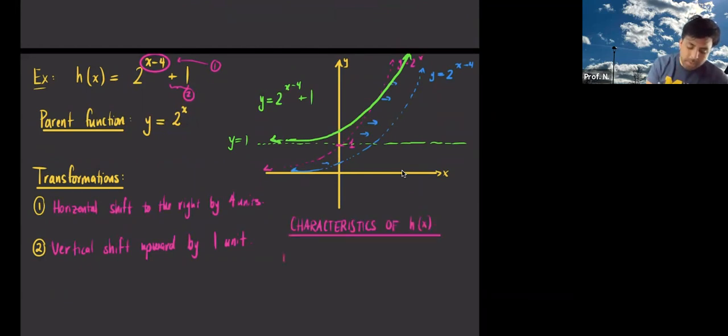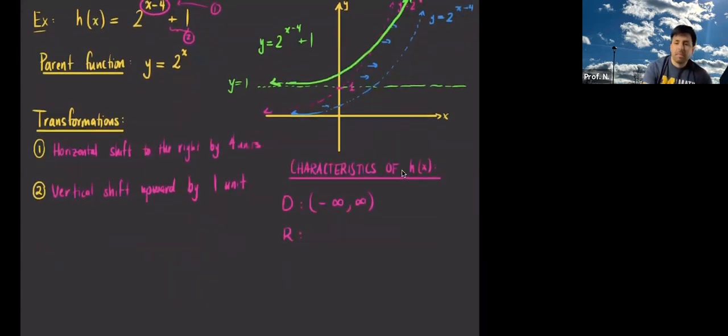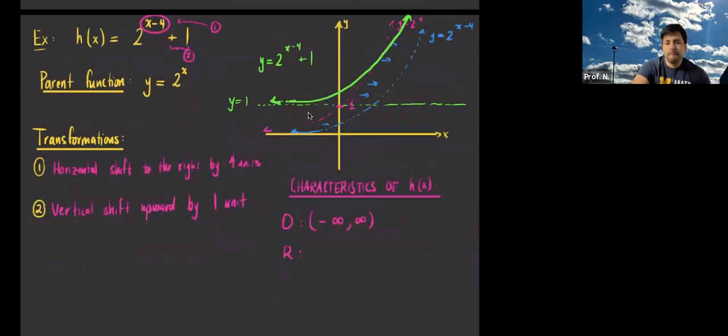So the first thing is my domain. My domain always will be all real numbers. What's my range of the final function? Anybody have the range? So Tiffany, make sure you look at the green one, right?